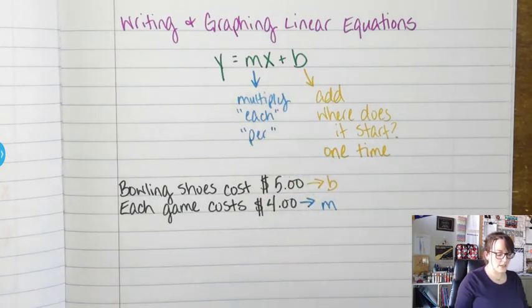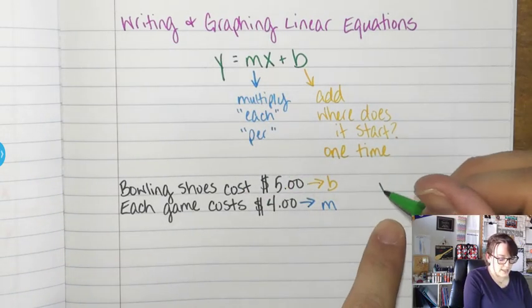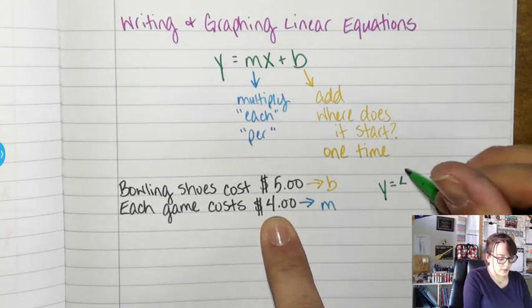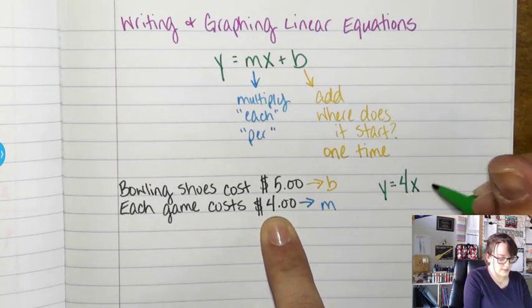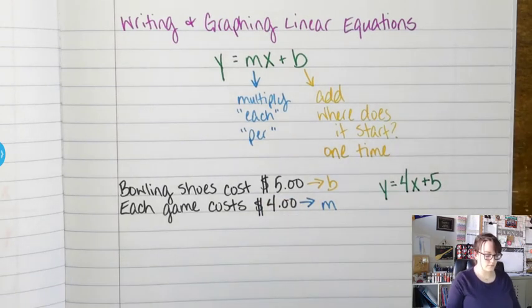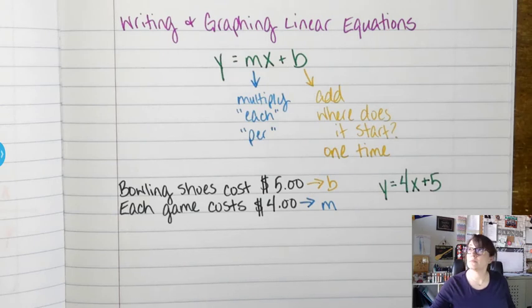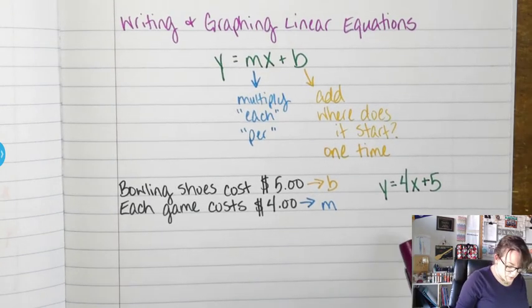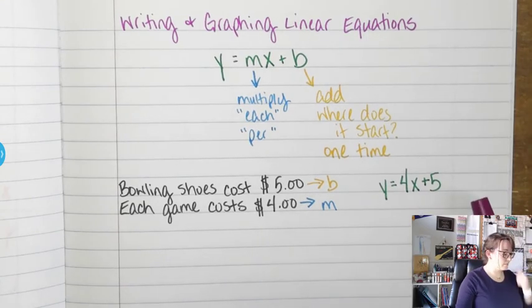So when I write my equation, I have y equals 4x plus 5. Okay, so that's the equation.